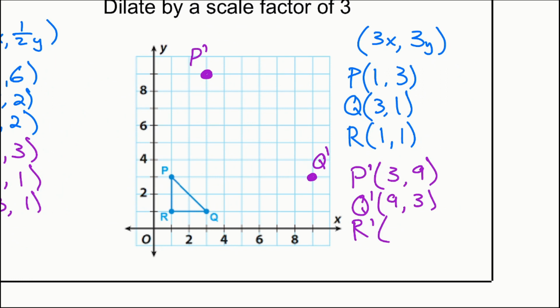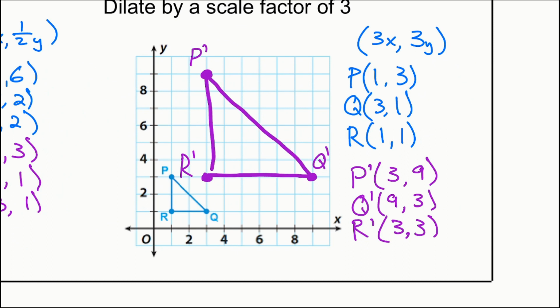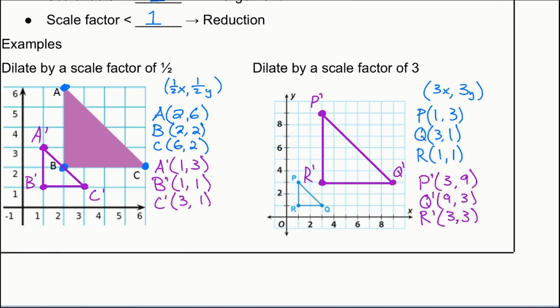And then 1 times 3 is just 3. So that is here. So we're going to end up being 3 times the size of our pre-image.